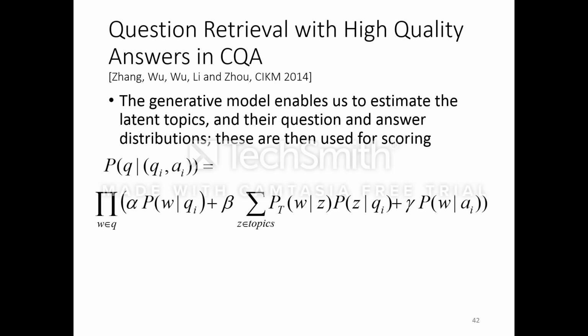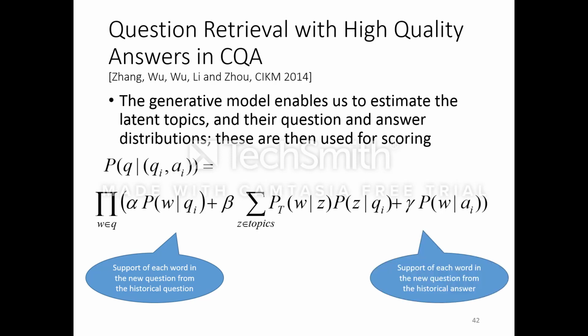Here we do the same kind of product, which is over every word in the question part. And here you have the same three parts. One is the support of the word W from the QI part, which is basically the question part of the historical question answer pair, and the support from the answer part of the historical question answer pair.